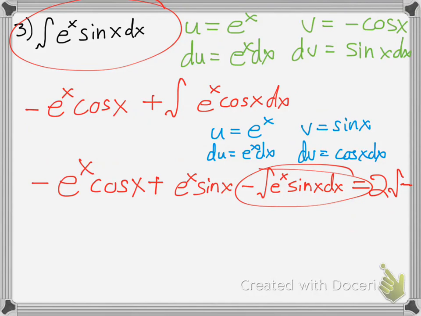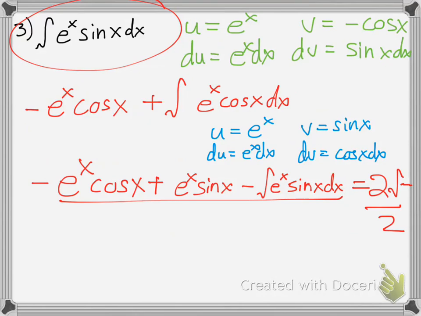It's just like saying I have negative x equals x plus something. If you add x to both sides, you get 2x. So that's basically saying 2 times the integral. Then all you would have to do at the end is divide both sides by 2.